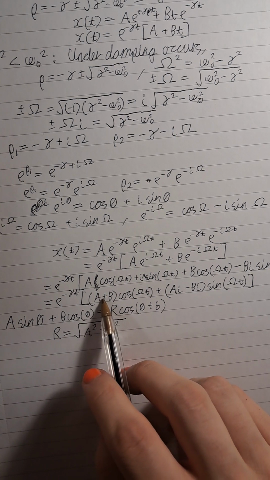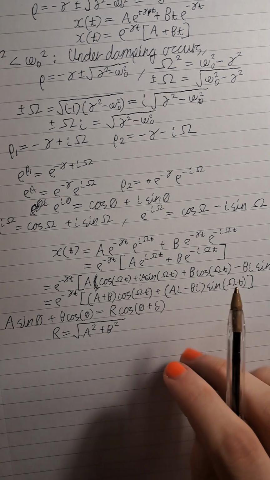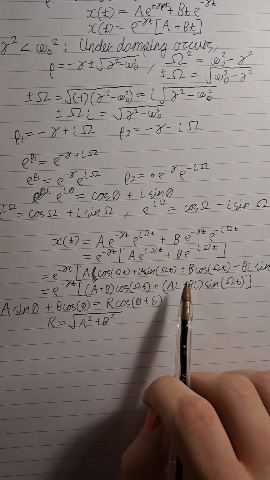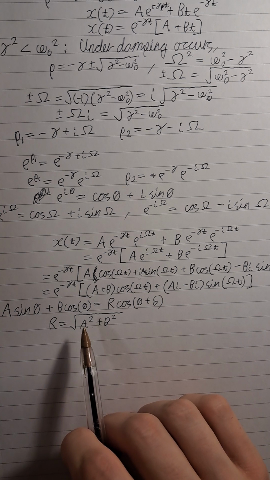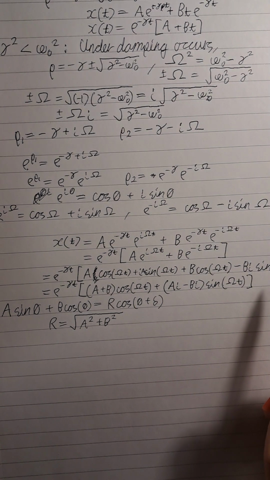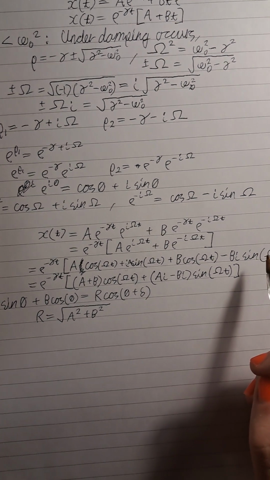And we also know that a add b is always going to be bigger than a minus b, I think. So we can say that this value is always going to be bigger than that value. Actually, that doesn't really make sense, but it makes sense for the purpose of this video.